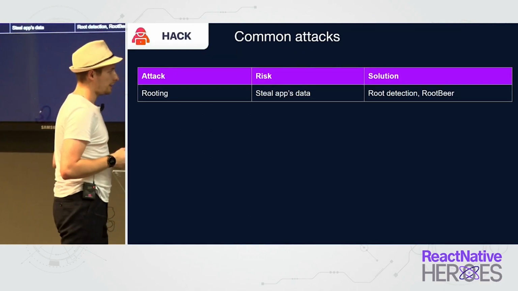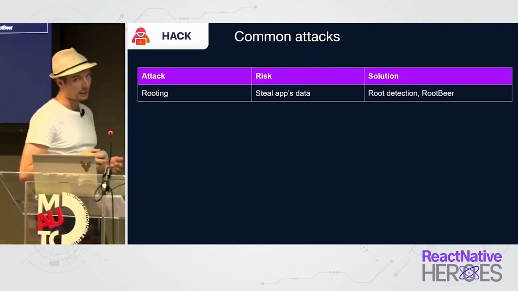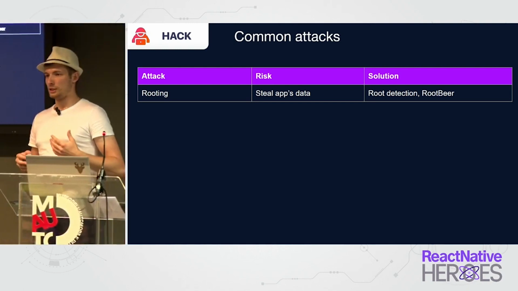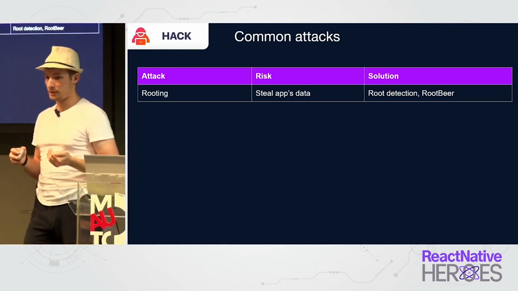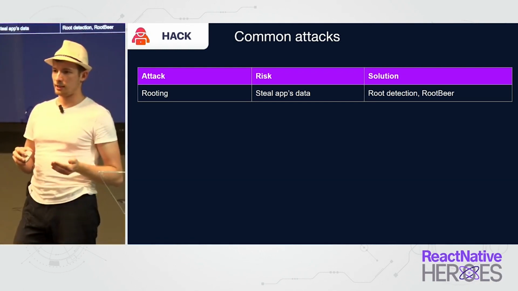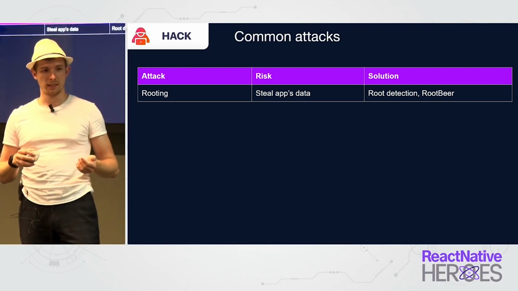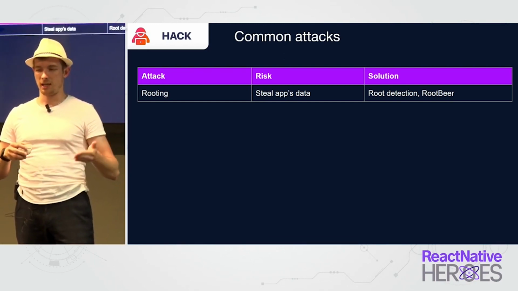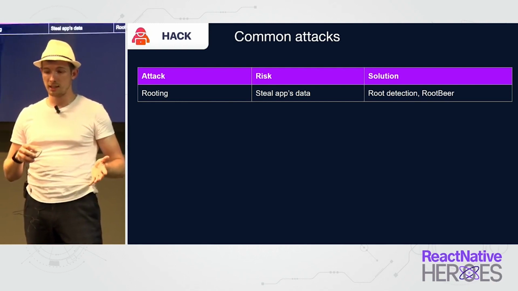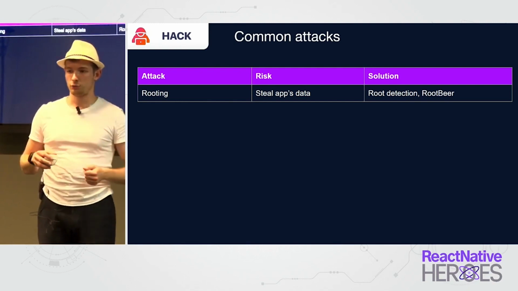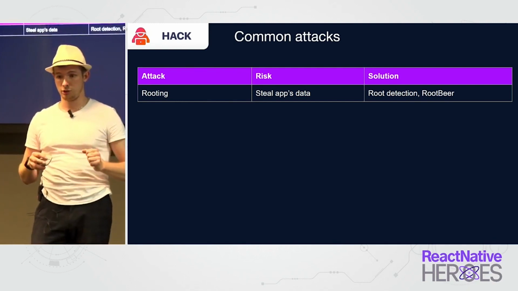Some common attacks and risks and solutions. One of the common issues is that the device may be rooted. This may lead directly to loss of your application's data or some other hasty activities, and a mitigation for that is using root detection.